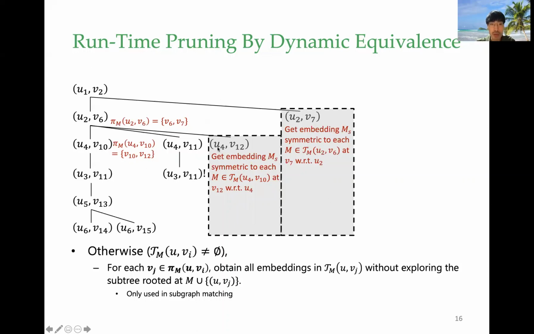So mapping U4 to V12 will lead to embeddings symmetric to the embeddings generated from the previous subtree rooted at U4 and V10. In this way, we can get symmetric embeddings in the gray subtrees without exploration of these subtrees. This only applies to subgraph matching, which finds all embeddings of Q in G.